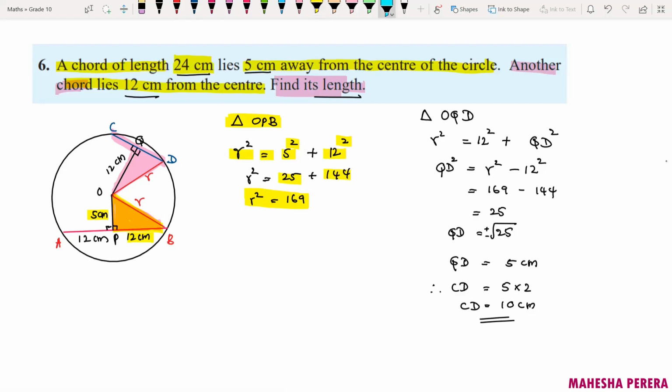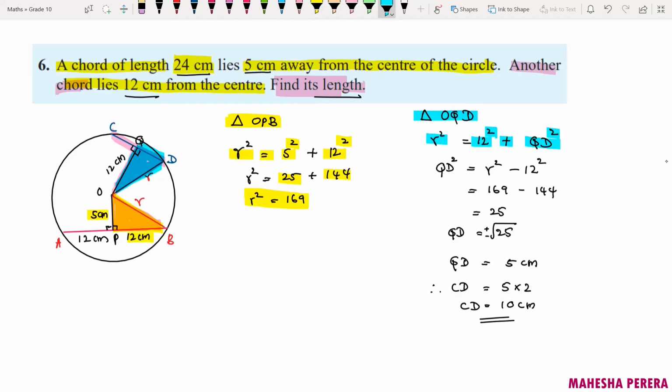Then I apply again the Pythagoras theorem to the other right angle triangle, that is OQD, right? So here R squared equals 12 squared plus QD squared, right?